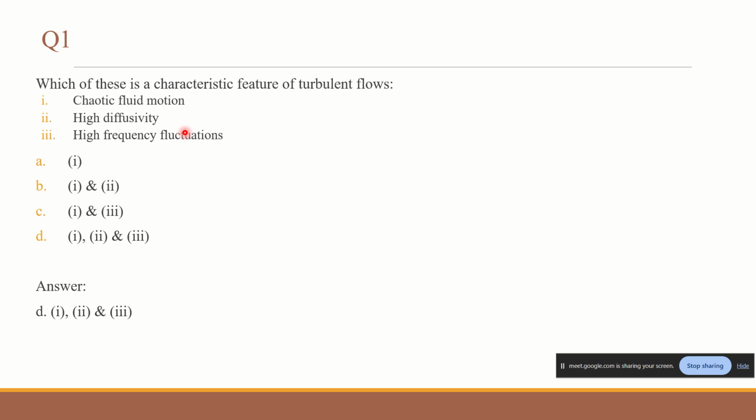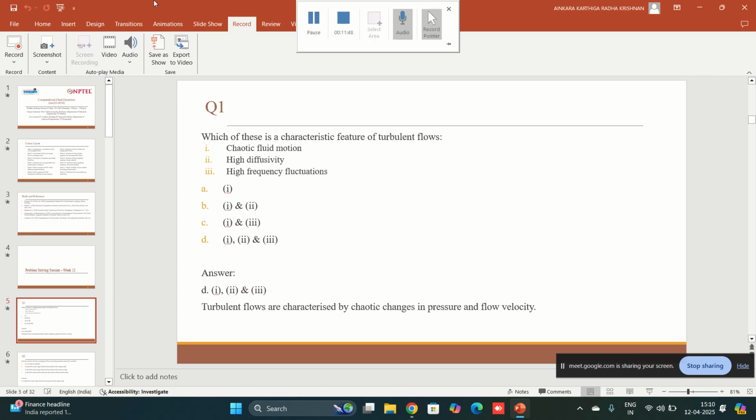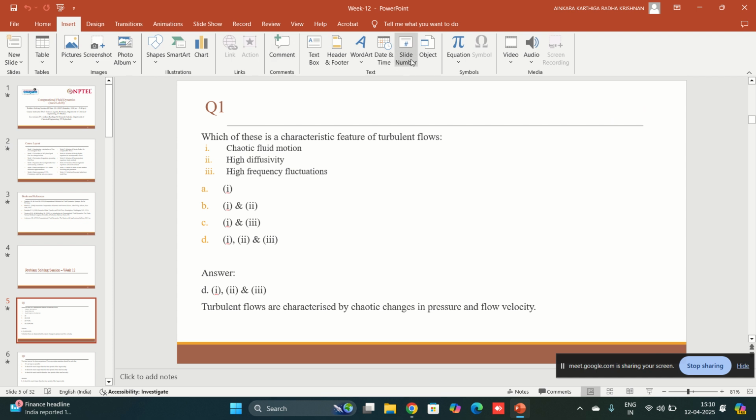Okay, I'll just insert slide number, without it it is a bit difficult for me. Slide number.